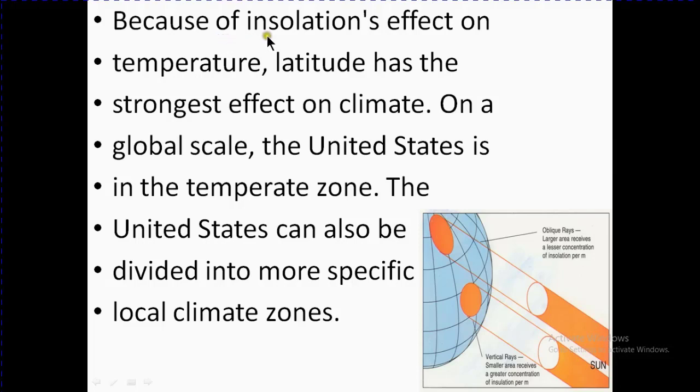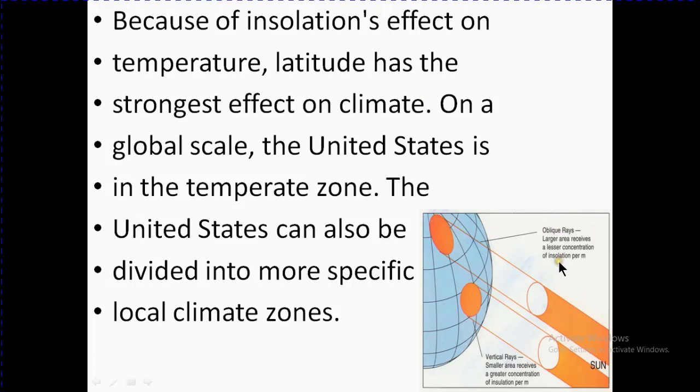Because of insolation, you know about insolation, what effect it shows you here. If the circle of the sun lights the rays, we already discussed this in detail. On temperature, altitude has the strongest effect on climate, so this also affects the climate. Why?